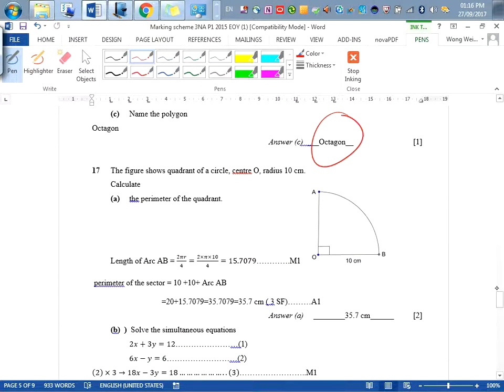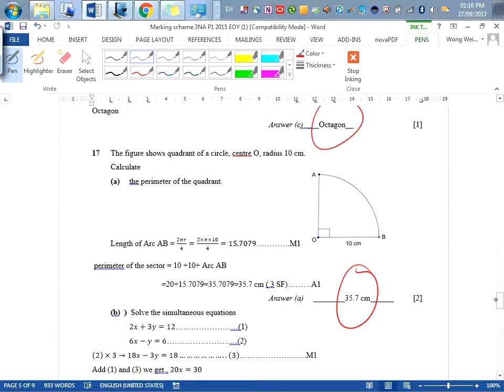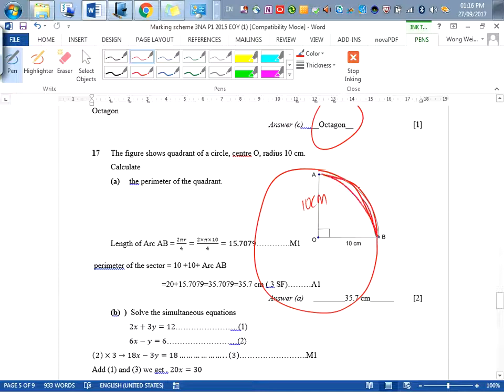17a. Perimeter of the quadrant, 35.7. Can? Okay, I'm sure you know how to do this lah. Huh? This is 10. This is a quadrant, right? So it's 1/4 of a circle lah, right? This is 1/4 of a circle, right? So this is 10. How much is this? 10 lah. Then I need to find this one, right? How much is this?